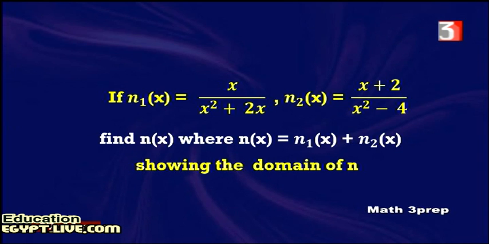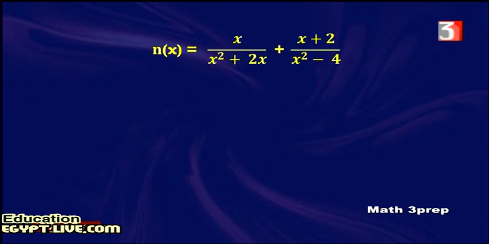It means that n of x is the sum of n1 and n2. So we want to add the 2 algebraic fractions, x over x squared plus 2x and x plus 2 over x squared minus 4. First of all, n of x equals x over x squared plus 2x plus x plus 2 over x squared minus 4.